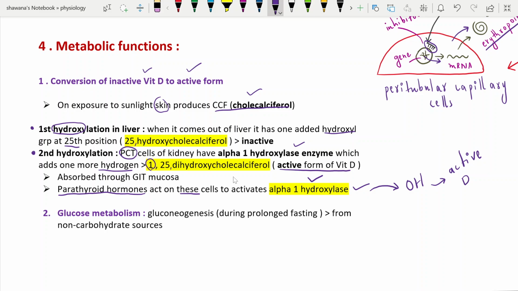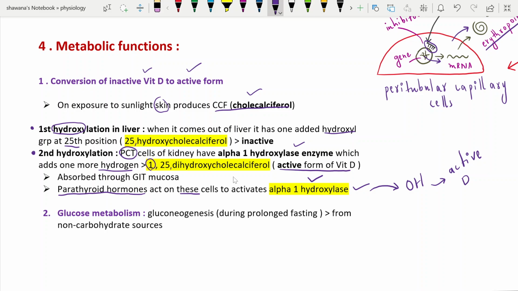The second metabolic function is glucose metabolism. It is very interesting to know that during prolonged fasting, we are deprived of glucose and have consumed all of the glucose present in our body.